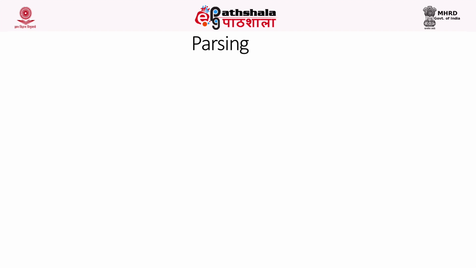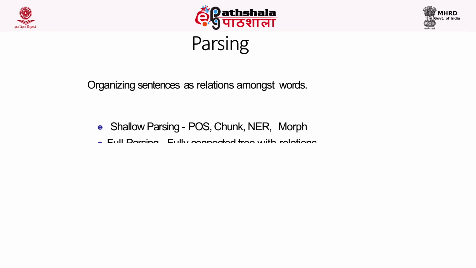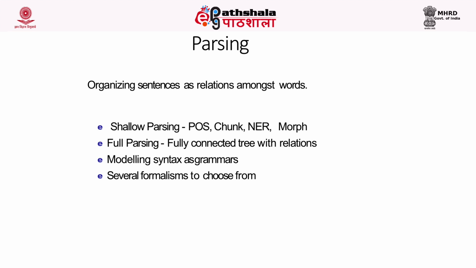The next level of analysis is called parsing, where sentences are analyzed in terms of the relations that the words hold within a sentence. Shallow parsing is one level of analysis, as I said, up to chunking, which includes part of speech tagging, chunking, named entity recognition, and morph analysis.